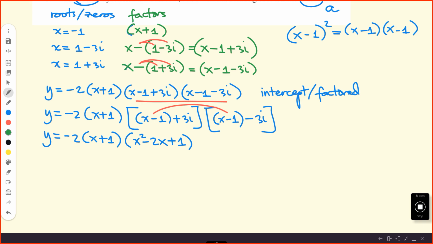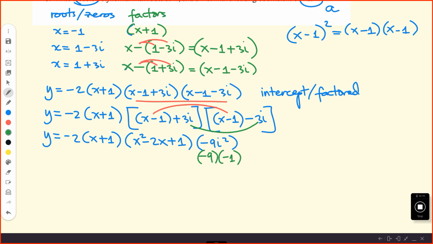And then we can multiply 3i and -3i. What is that? That is, yes, -9i squared. Make sense? Okay, so again, i squared is -1, so you can write this as -9 times -1.